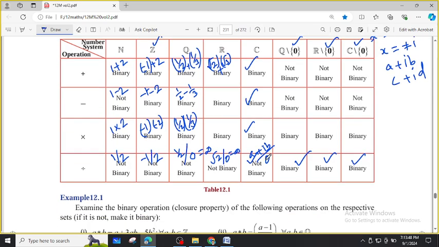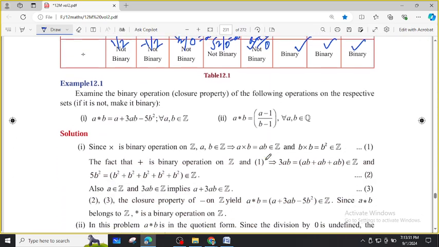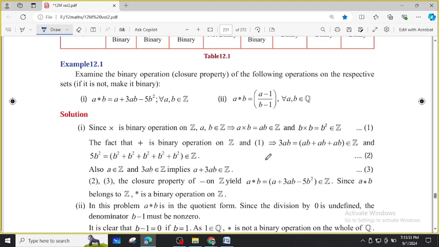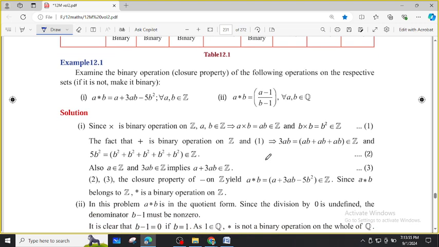Now come to example 1, 12.1. We have to check the closure property. So now we have to discuss. Here simply discussing is enough, to examine the binary operation closure property of the following operation on the respective sets.